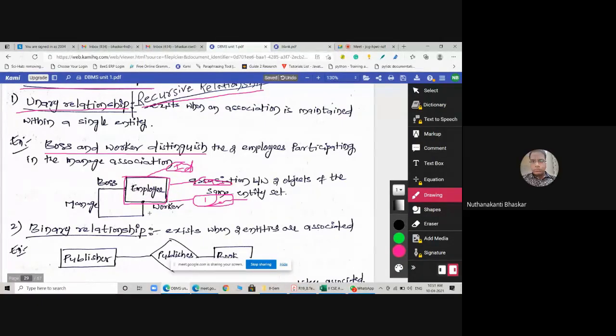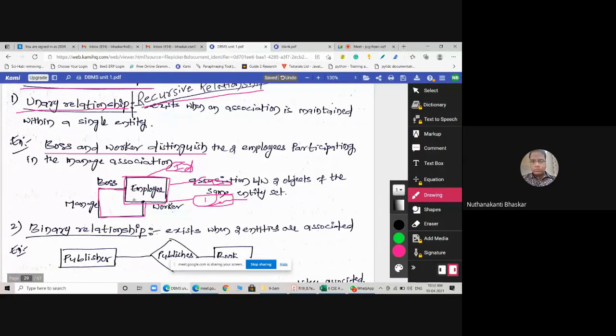If all are employees, if you consider one employee, maybe the boss is going to manage the worker. Maybe the boss is also an employee, and the worker is also an employee. The HOD is also an employee of the CMR Technical Campus and faculty is also an employee of the same campus. But all are employees.